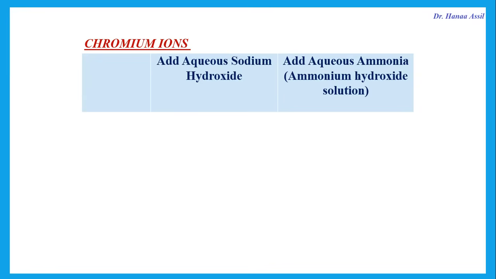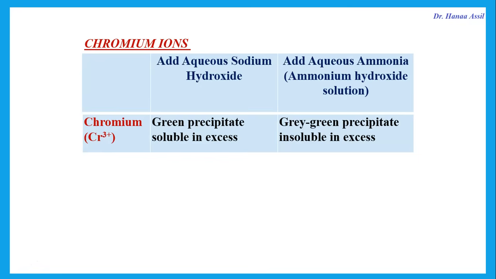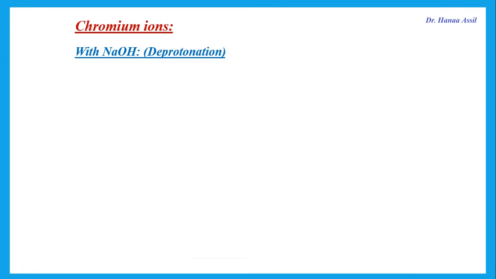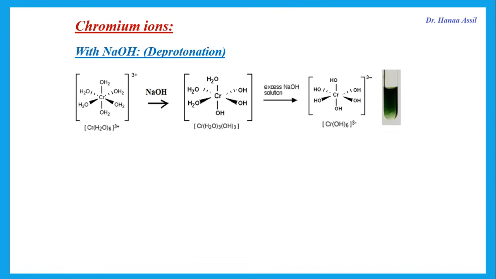Keep that in mind. Chromium ions. How do we identify chromium ions? We know that aqueous sodium hydroxide gives a green precipitate that dissolves in excess. Aqueous ammonia gives a gray-green precipitate that is not soluble in excess. Again, chromium ions, when we start, are in water, and they are green.